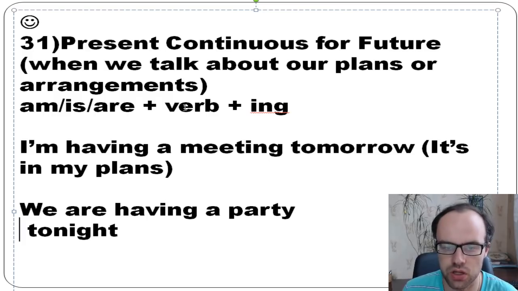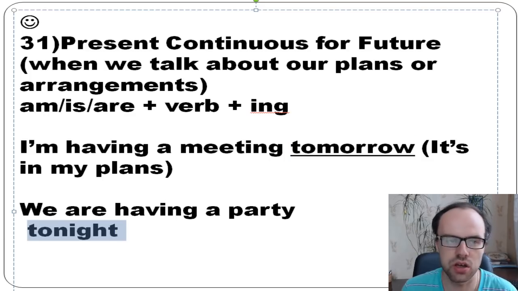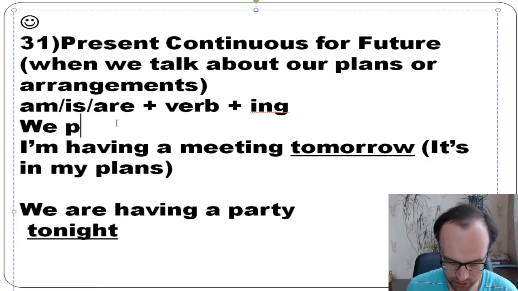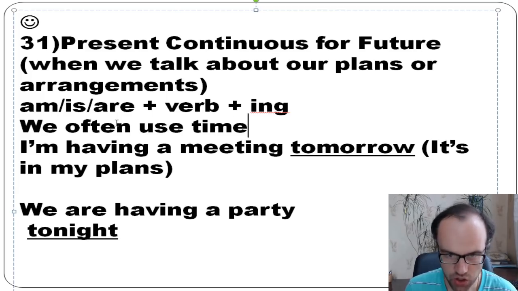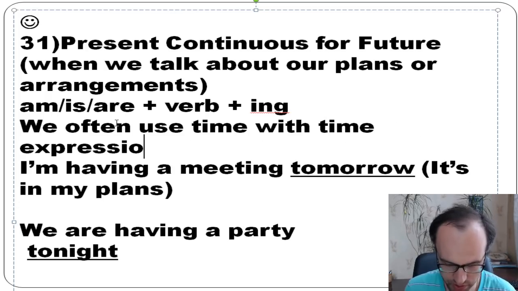So we often use it with tomorrow, tonight, next week. We often use it with time expressions.